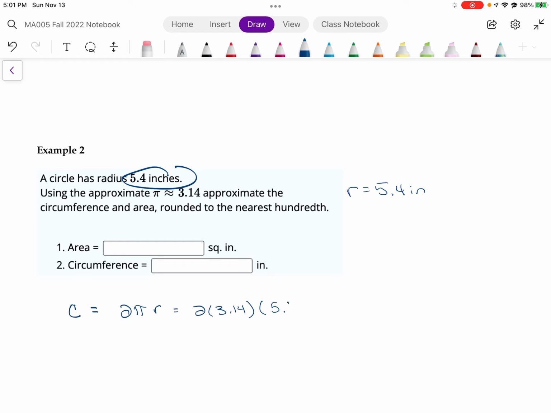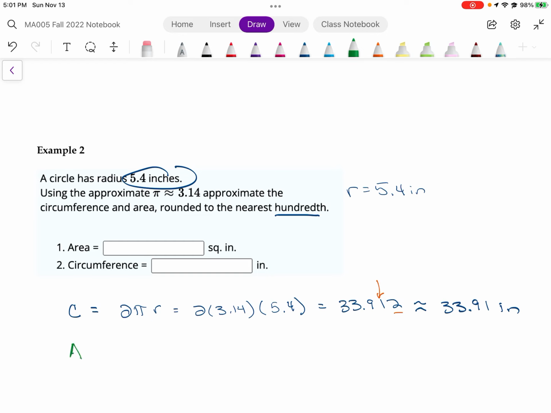That gives me 33.912, and we're supposed to go to the nearest hundredth. Think about what the 2 is going to do to it. It's not going to round it up, so it stays 33.91, and it's a length, a perimeter, a circumference, so it's just inches.